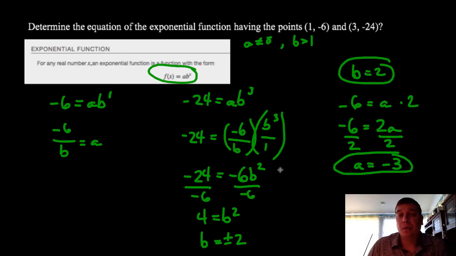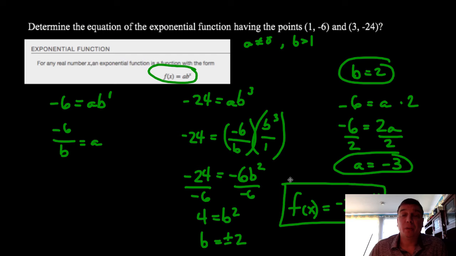I knew what b was. I'm just going to drop it into this equation. So f of x, the function that has these 2 points, is going to be -3 times 2 to the x power. And that's the same way you're going to do every single one if you're given 2 points. You figure out what the a value is, substitute that into the other equation, solve, and then you're going to end up just rewriting it.